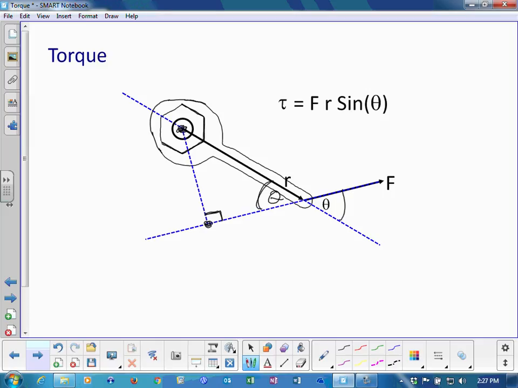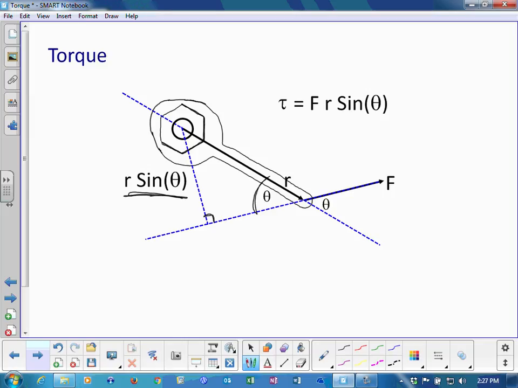So the hypotenuse is r, and so we can write that the moment arm is equal to r times the sine of theta, because this moment arm here is perpendicular and it's opposite the angle theta.